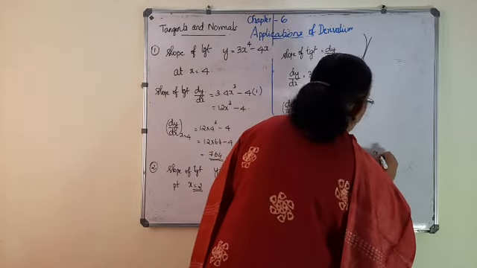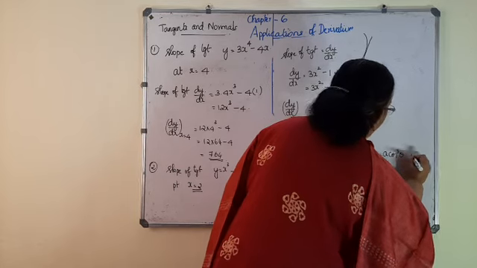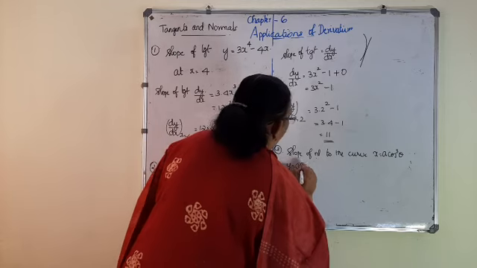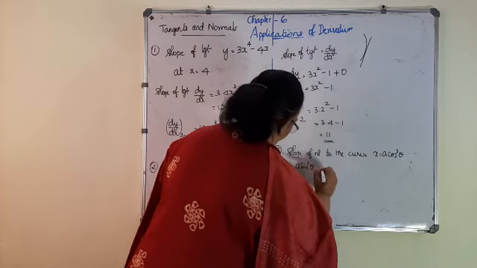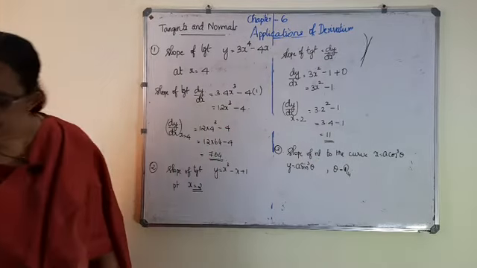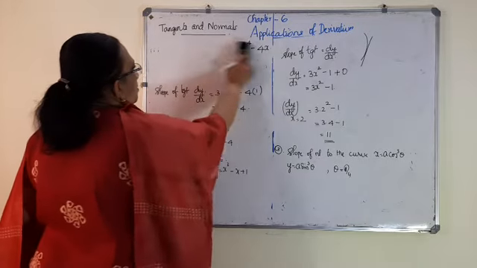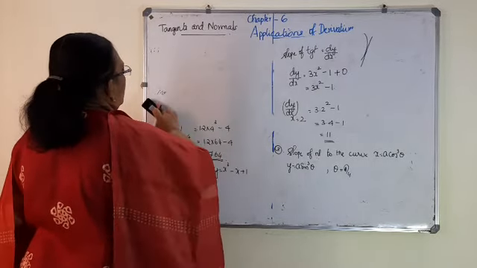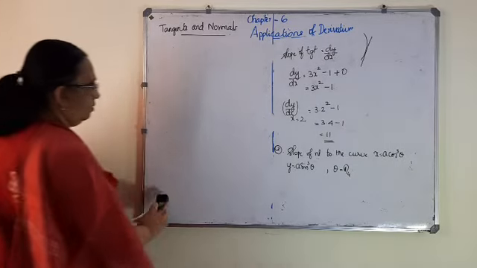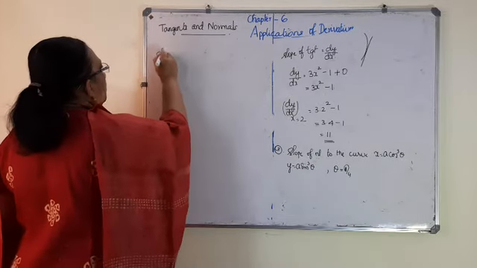At x is equal to a cos cubed theta, y is equal to a sin cubed theta, theta is equal to pi by 4. Find the slope of normal to the curve.